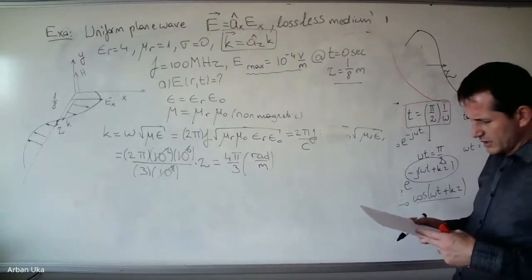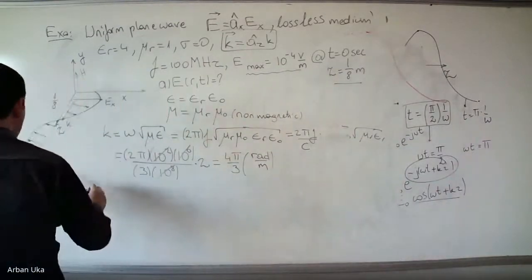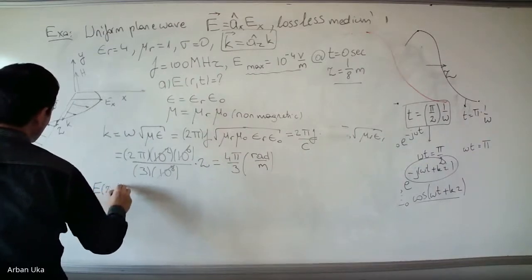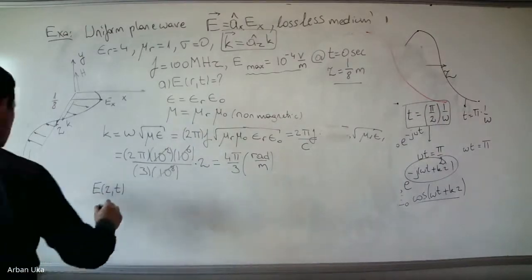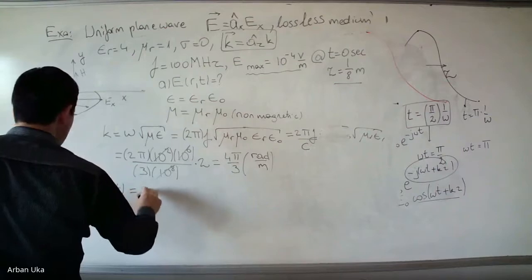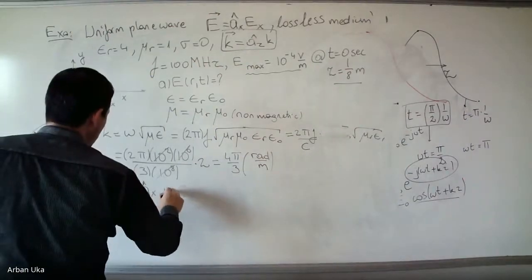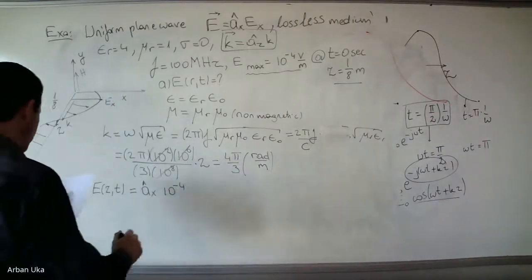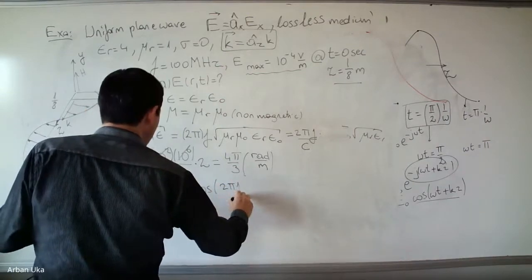Now that we have this K, we have to write down the complete expression where E would be a function of z and time, because the wave is propagating along the z-axis, and this is equal to a_x, which is the polarization of the wave, or the direction of the electric field, times the amplitude, which is 10 to the power minus 4 volt per meter, times the cosine of 2 pi f t.